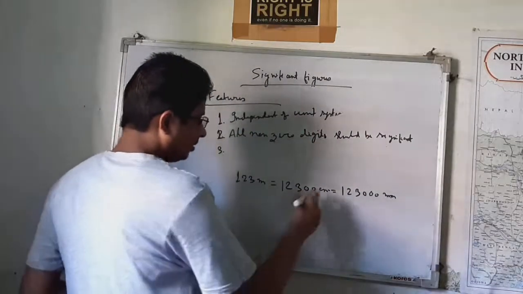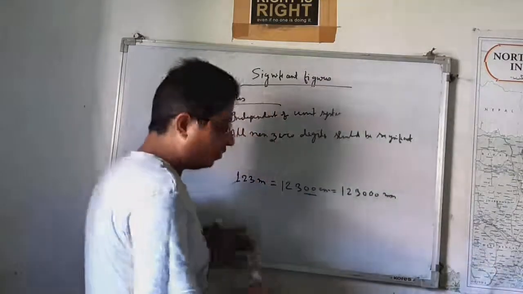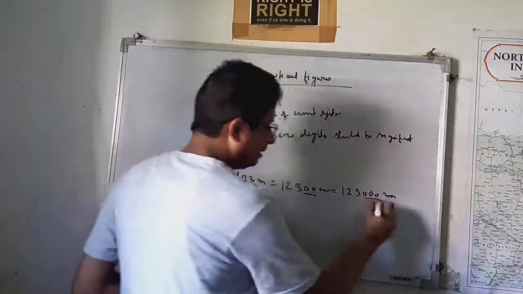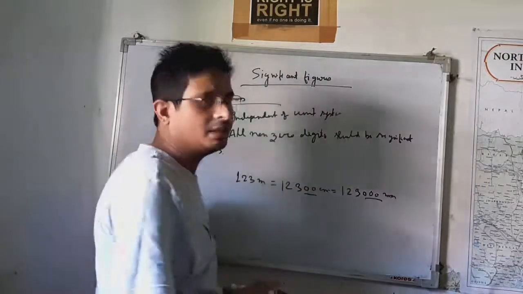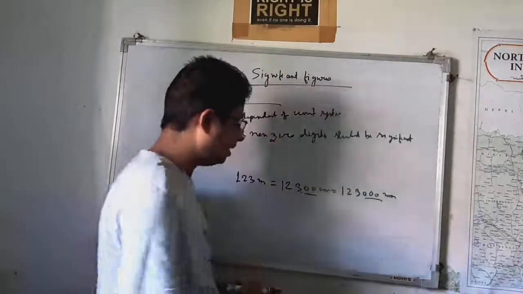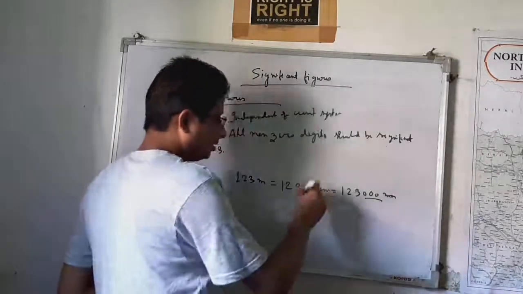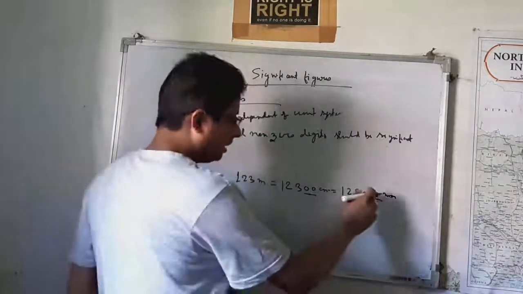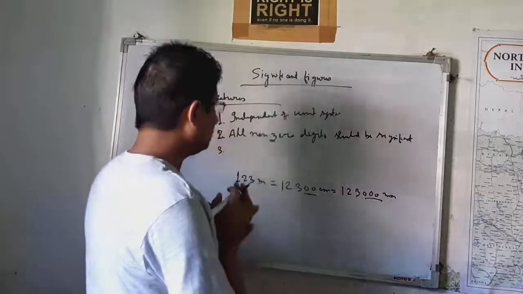Here these terms are zeros. I have already mentioned that these zeros are insignificant, and these zeros are known as trailing zeros because these zeros came after the digits. Since these zeros are insignificant, from this idea we can summarize another feature.